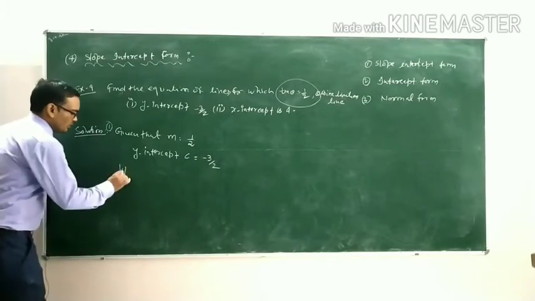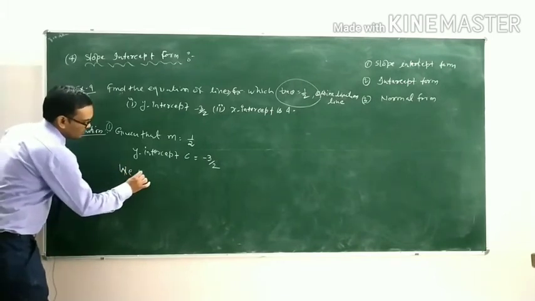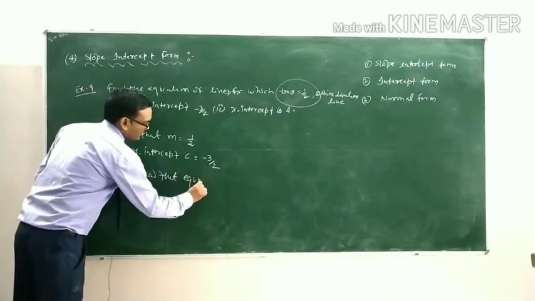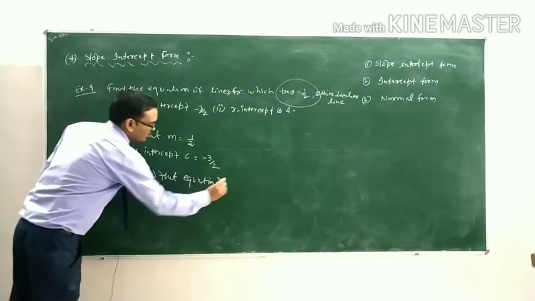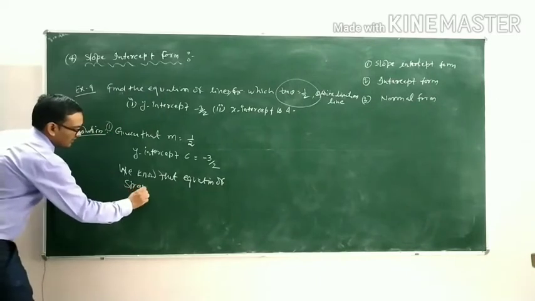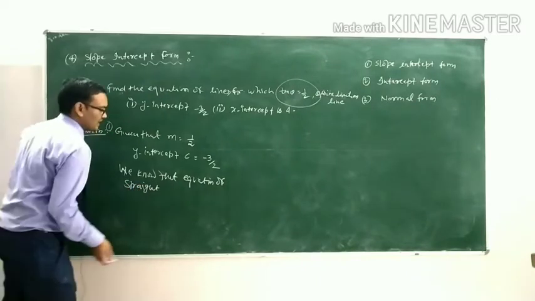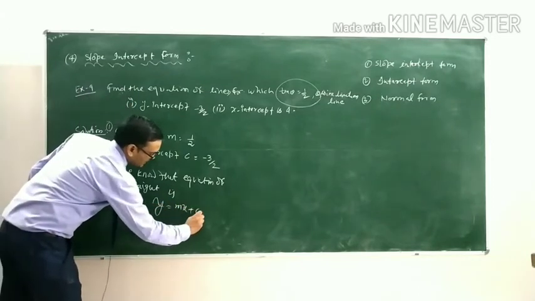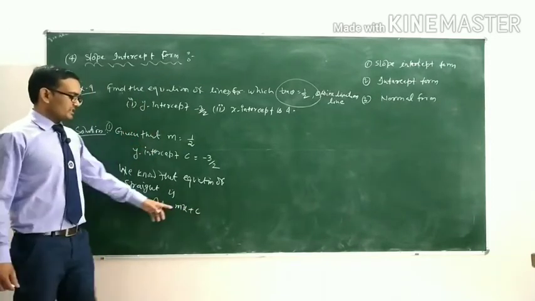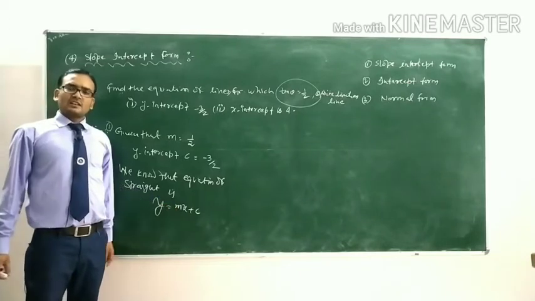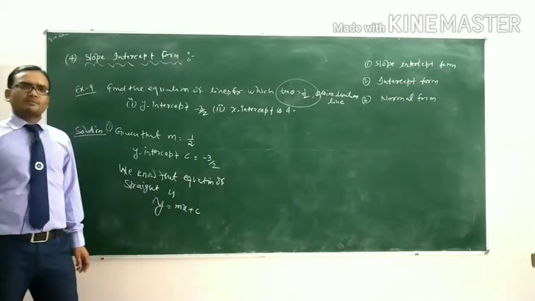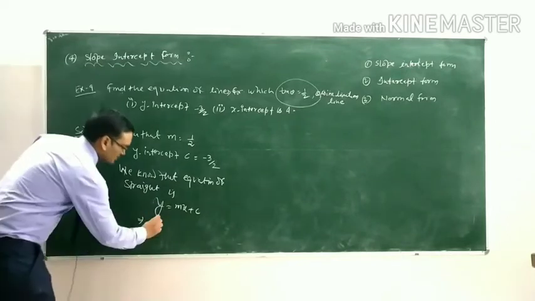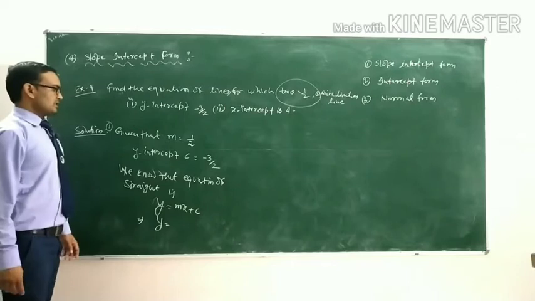We know that the equation of a straight line is y equal to mx plus c, where m is the slope of the line and c is the y intercept of the line. Put the value of m and c. Y equal to, what is the value of m?